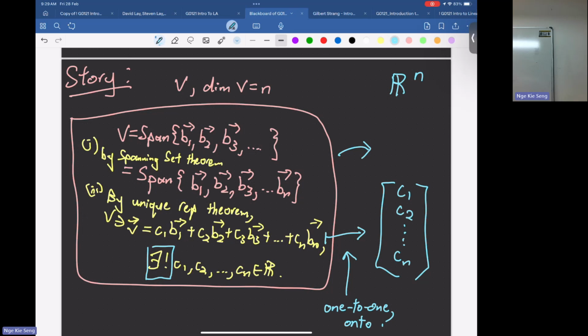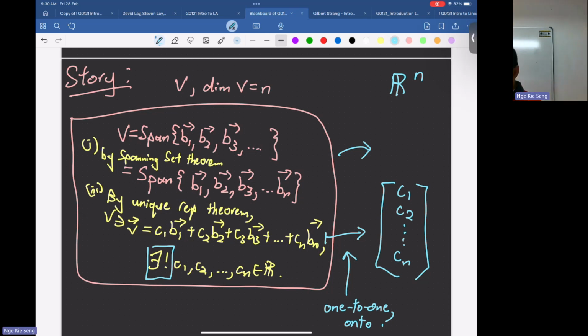Onto is very easy: any vector in Rn, I just fit into this linear combination, then I get a vector here. Why is it one-to-one? Because the scalars are unique, so one set of scalars only pairs with one vector. There are no two different vectors sent to the same scalars.